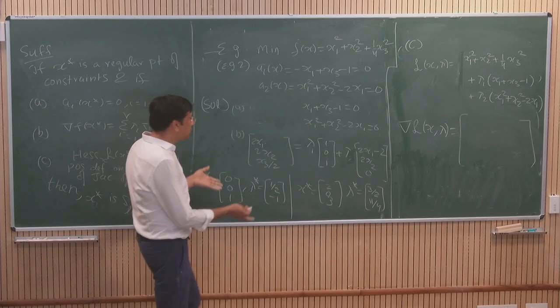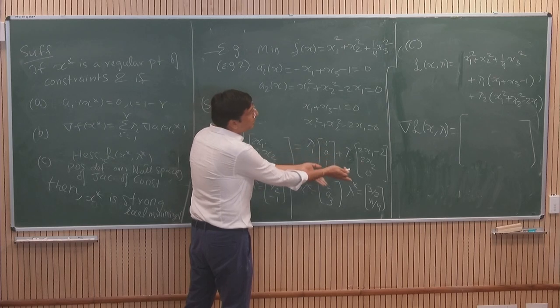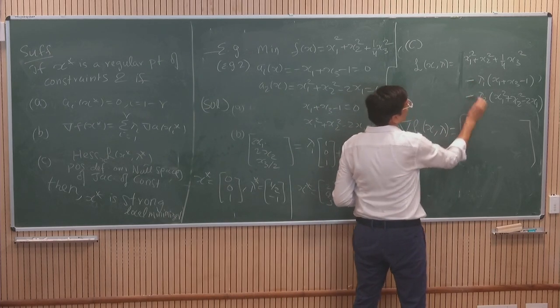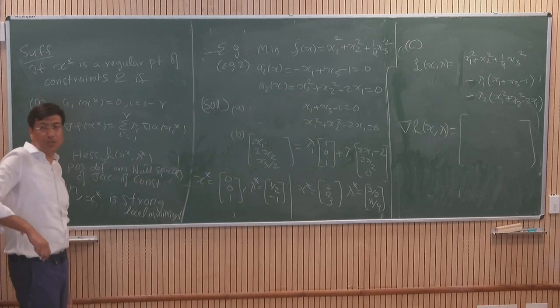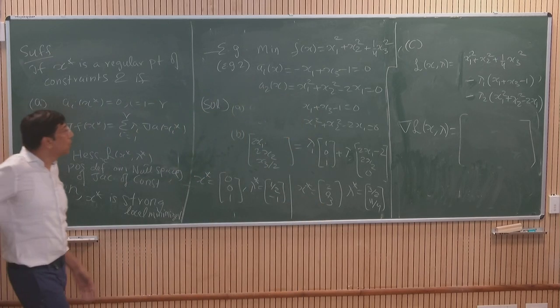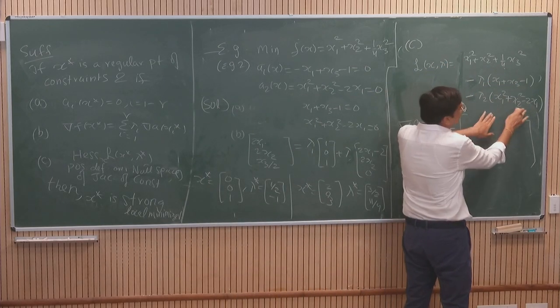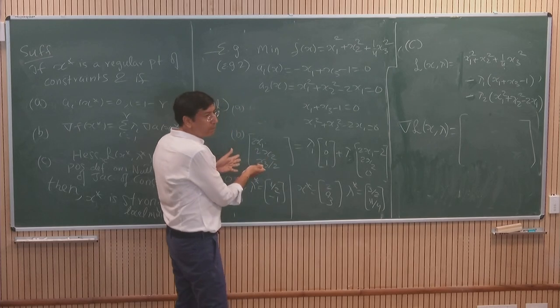You don't have to do much. It is the gradient of the function minus the gradient of, sorry, it should be minus, you're not correcting me. It's the objective function minus the linear combination of the constraints. So if you take the gradient of the objective function and subtract the gradient of the constraints, that's the gradient of the Lagrangian, which you have already done.